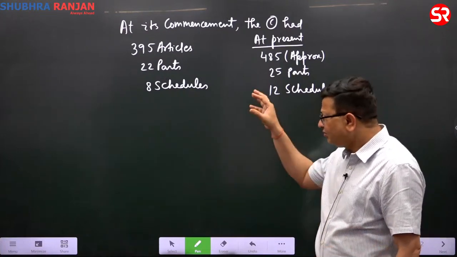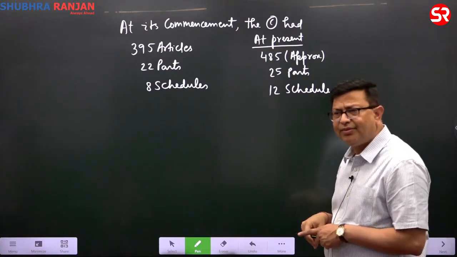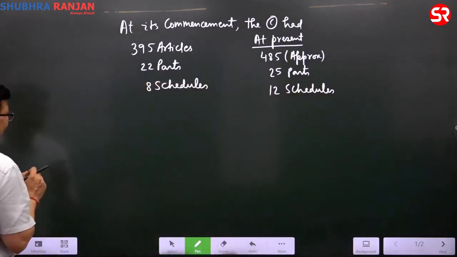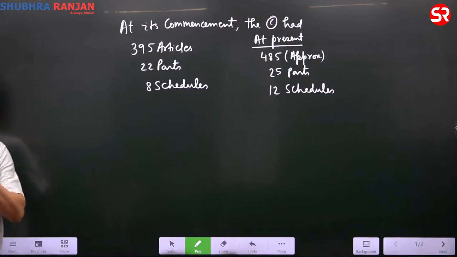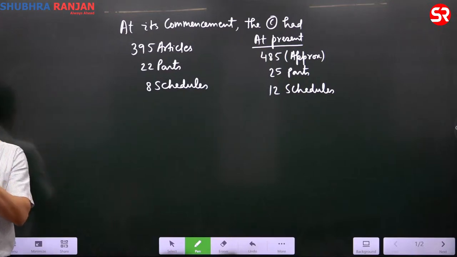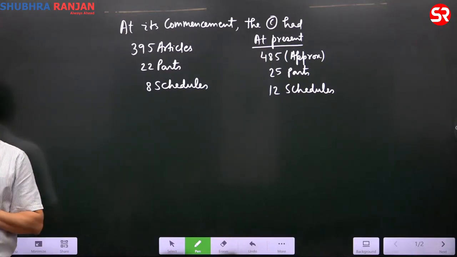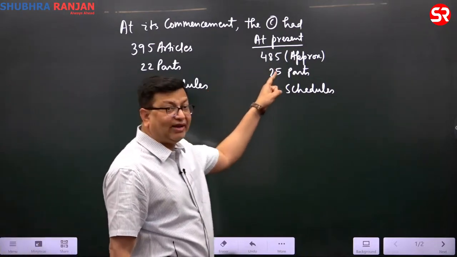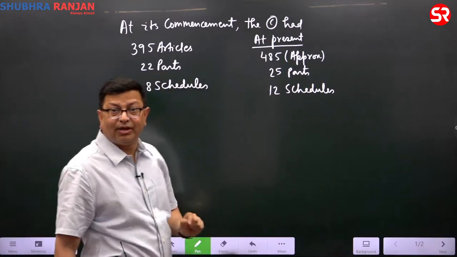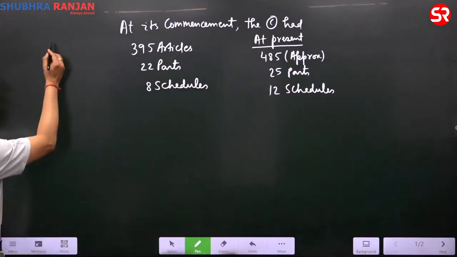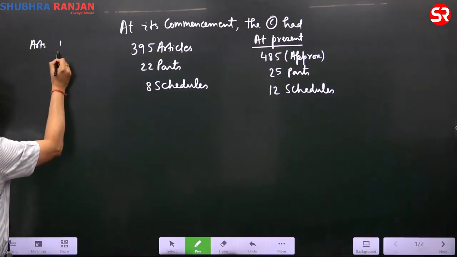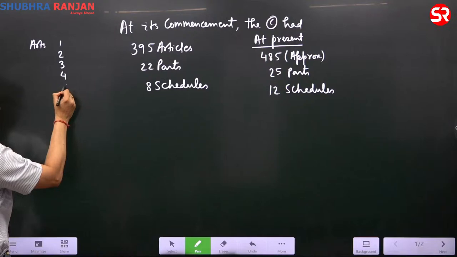Then coming to the articles, the last article of the Constitution is still numbered 395. But why do we say that we have approximately 485 or 490 articles? You see, the articles are written like this: 1, 2, 3, 4, 5.